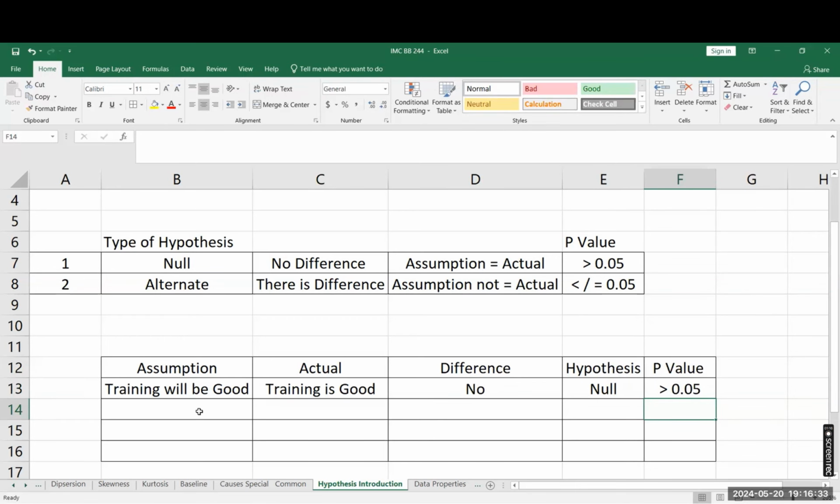So we will be validating the data. There are different types of hypothesis tests we perform. And if your probability value is greater than 0.05, which means null hypothesis, whatever data you are comparing, if the probability value is greater than 0.05, right? Then it's a null hypothesis.